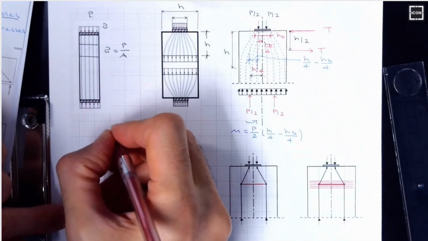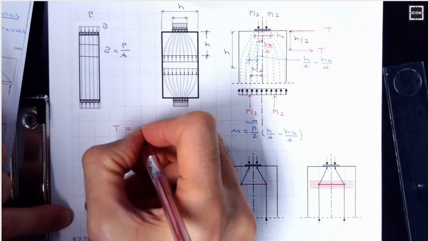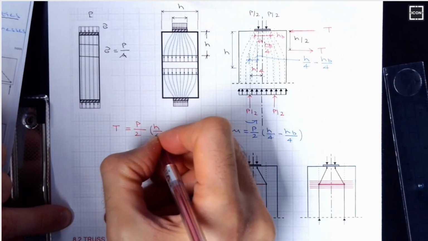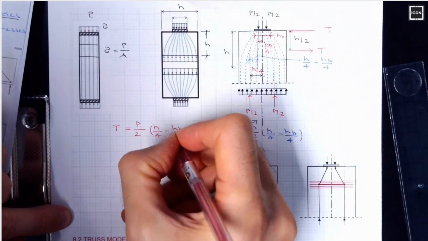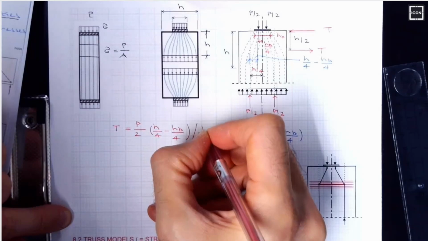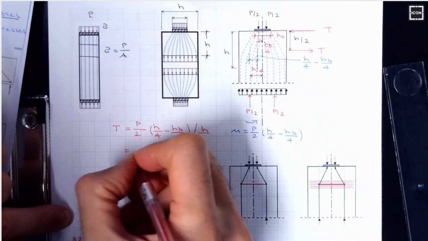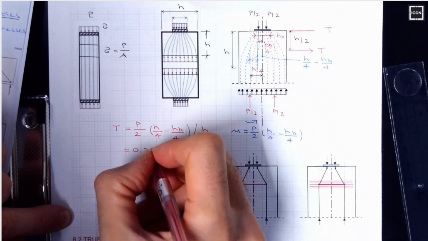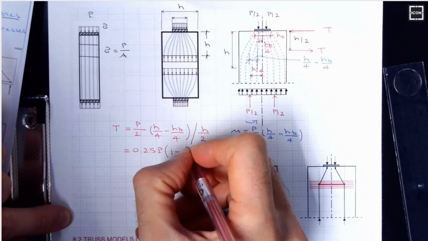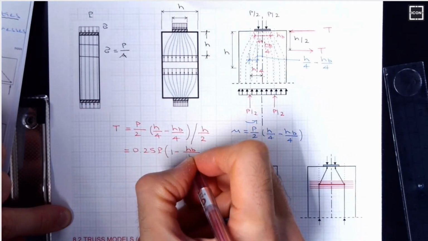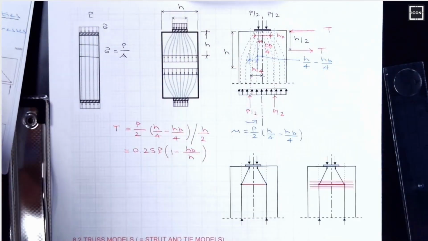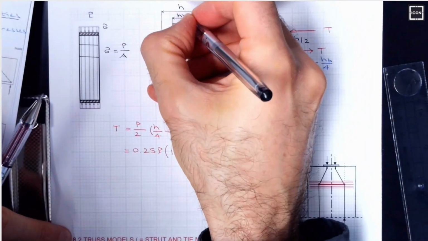So based on this, T is going to be p/2 times (h/4 minus hb/4) divided by h/2, right? So that's the tension force. That tension force will come out to be 0.25 p, and you can see this expression in the code as well, with hb divided by h. It depends on the ratio of how wide the plate is as compared to the section depth.